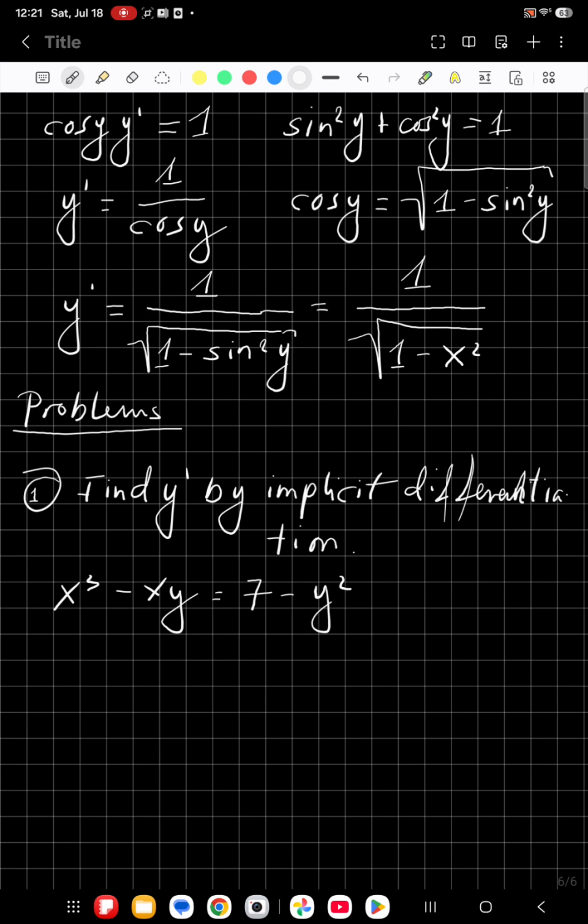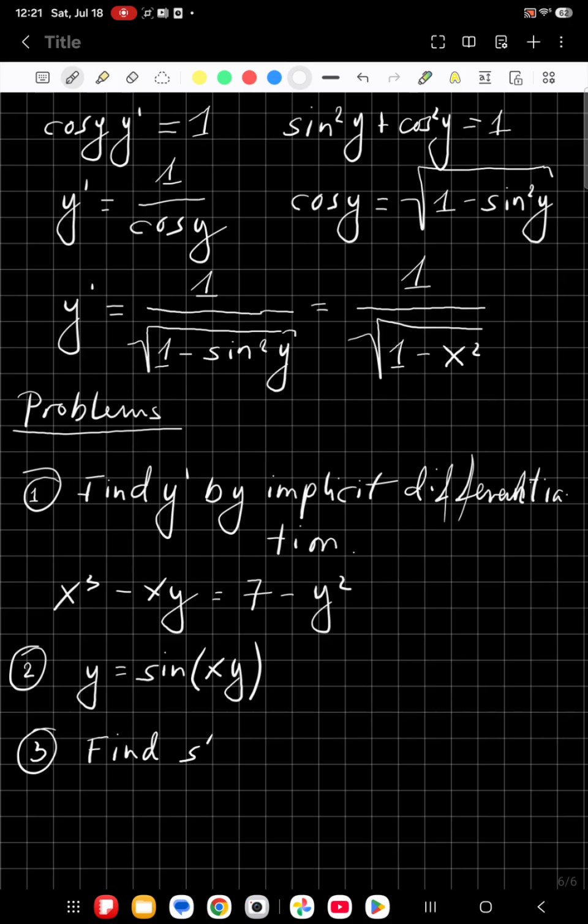Pretty similar to what we've done before. The second problem is: y equals sine of x times y. Problem number 3 is a little different, but the idea is similar.